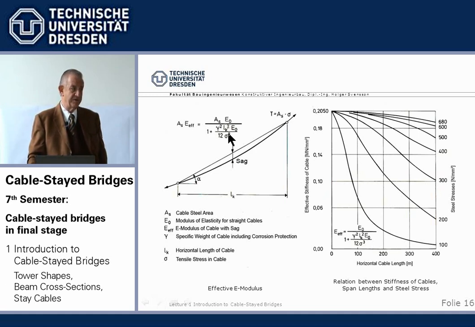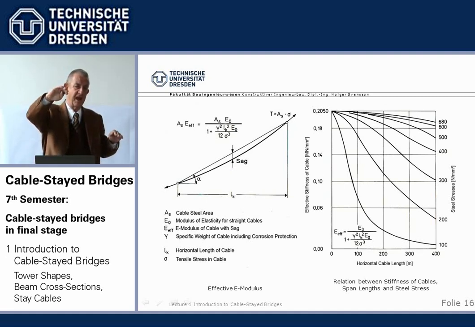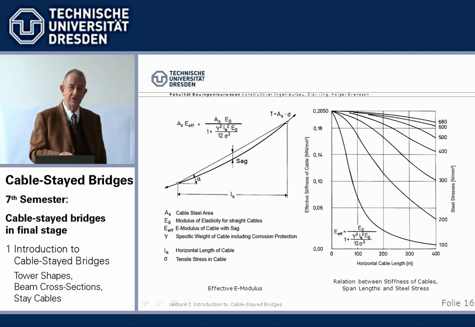That is important. We need to stress stay cables as highly as possible in order to reduce the sag to a minimum, and by reducing the sag to the minimum, having a nearly straight cable, we have the highest effective modulus of elasticity, or we reduce the basic modulus by a minimum, and this is the formula by Ernst, well known.